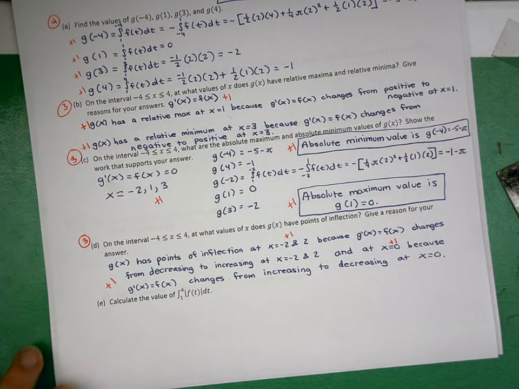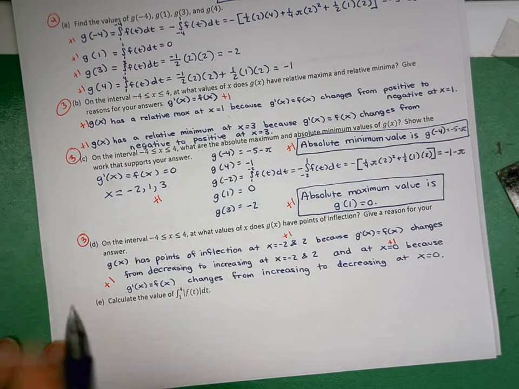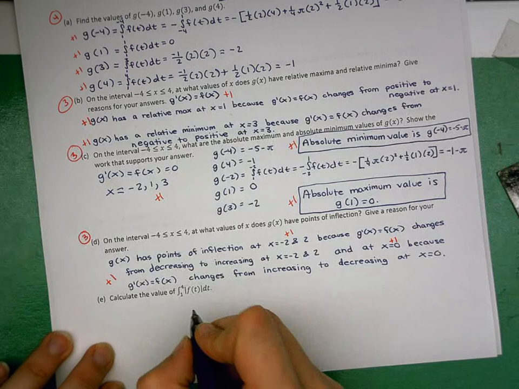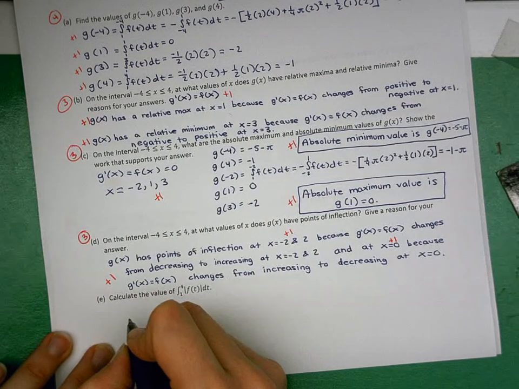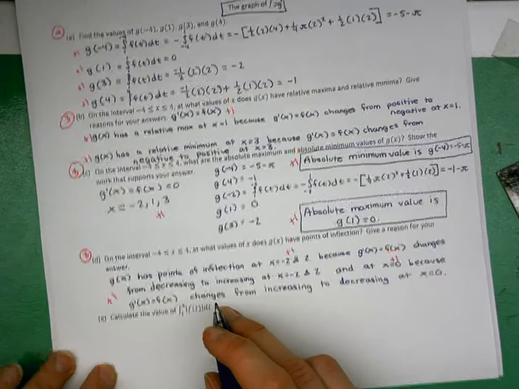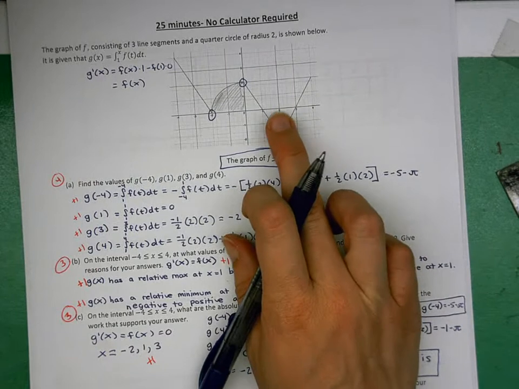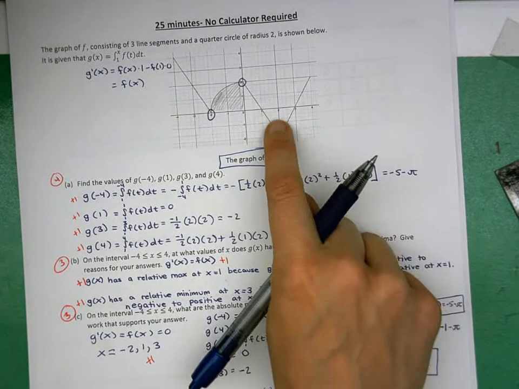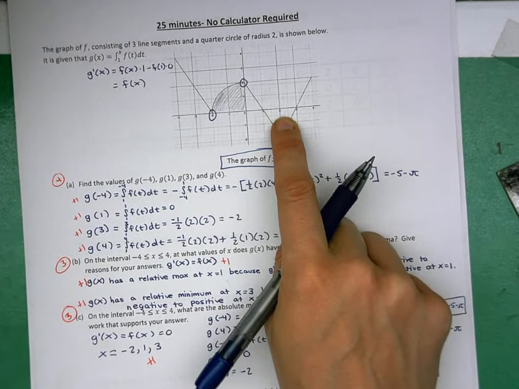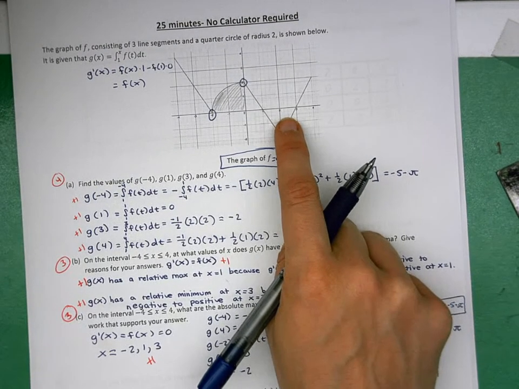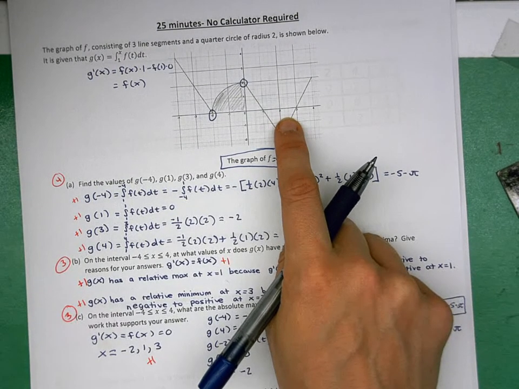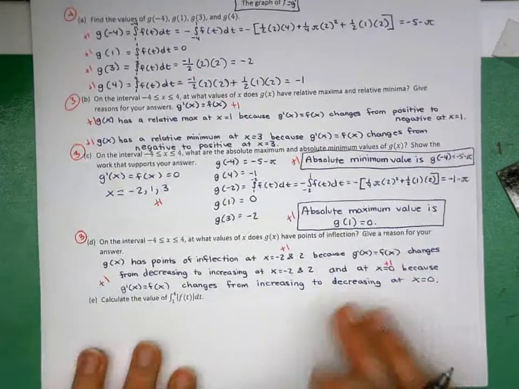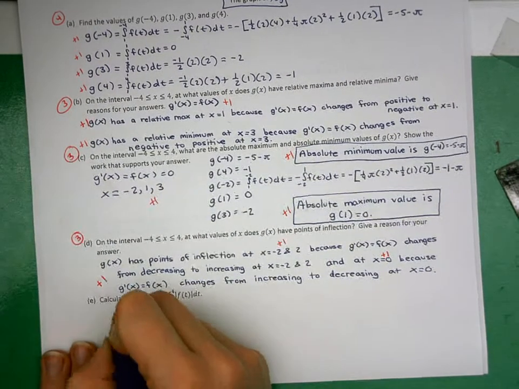And then part E, calculate the value of the integral from 1 to 4 of the absolute value of f. And so we're going from 1 to 4 here, which is these two triangles. However, it is absolute value. So this triangle from 1 to 3 here, which would normally be below the x-axis, would normally be negative. It's now going to be positive because of the absolute value bars flipped up above the x-axis. And so as we do this one's real quick.